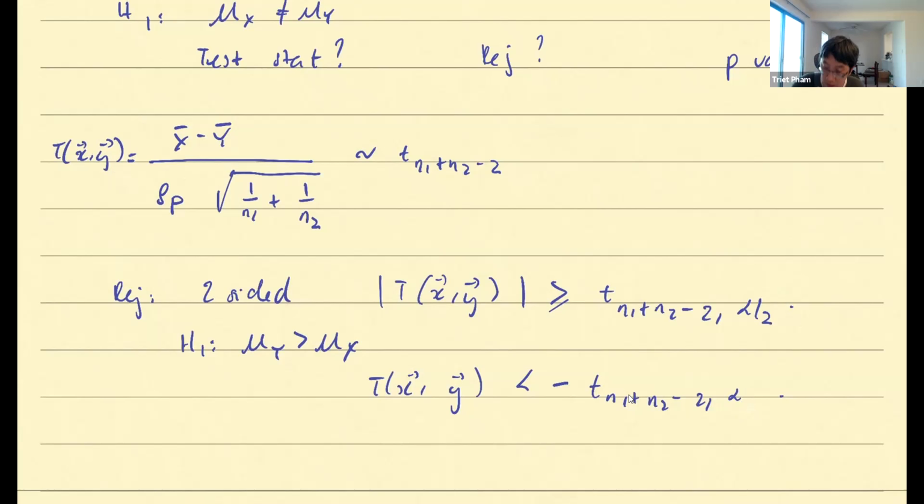Sorry, no alpha here. If you multiply by minus 1, don't you switch the sign? You can do that too, yeah, sure. No, it's fine. It's very easy to get confused here with direction. I know that. So getting the direction right.